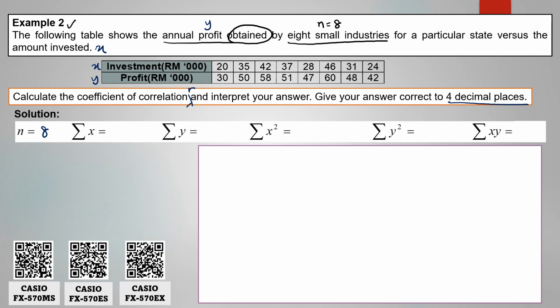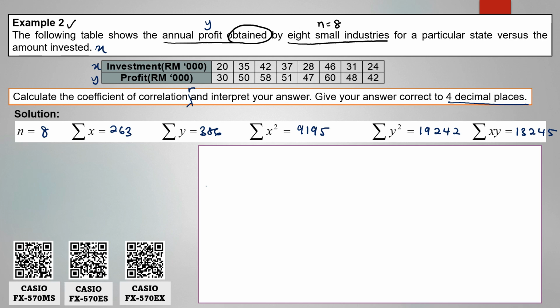And then you will get the value of the summation: summation X is 263, summation Y is 386, summation X squared is 9195, summation Y squared is 19,242, summation XY is 13,245.